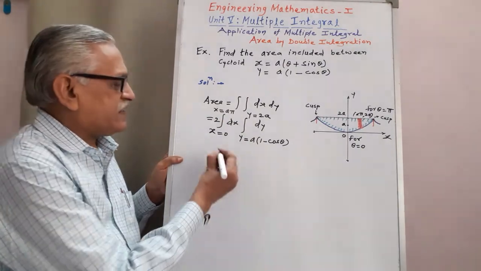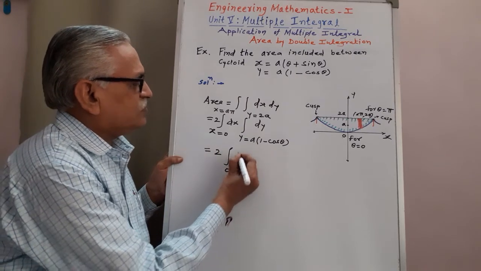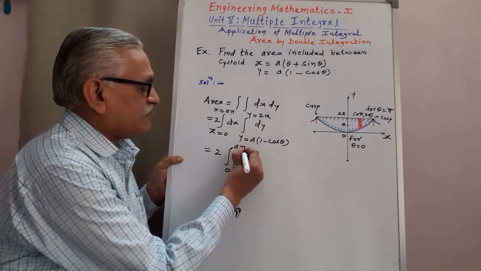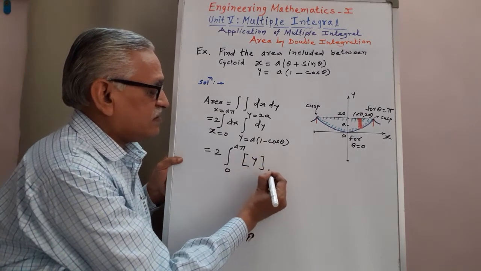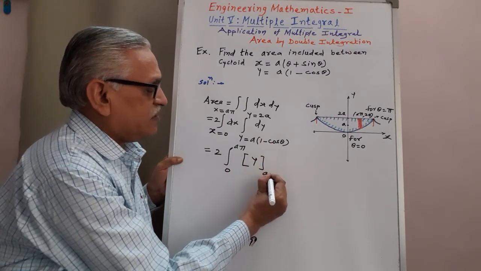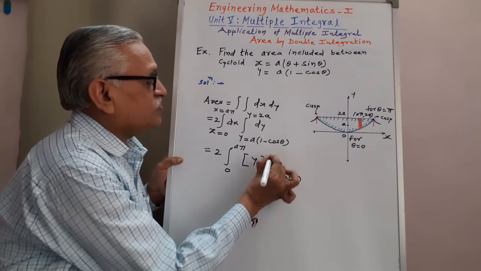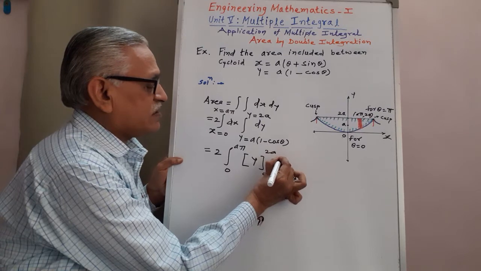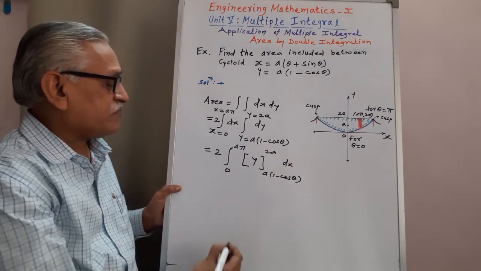Then performing that integration: 2 times the integral from 0 to a pi. Integration of dy is y between limits a(1 minus cos theta) to 2a, and then we have to integrate it with respect to x.